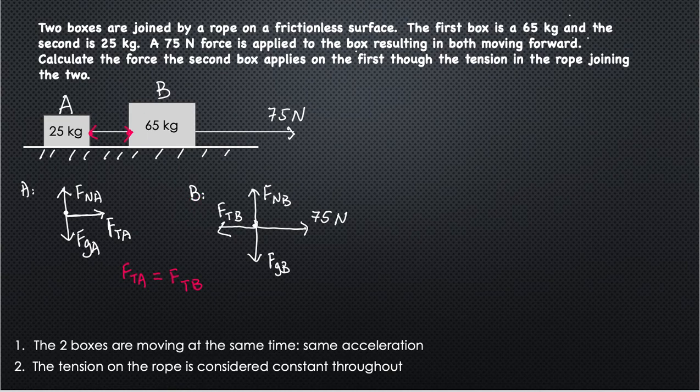So the first thing we could do is draw the free body diagrams of the individual blocks. The second step is to consider this A plus B as a giant object, because of the first principle: the two boxes are moving at the same time with the same acceleration and the same velocity at any given instant. So let's imagine these are merged together as a giant A plus B block.